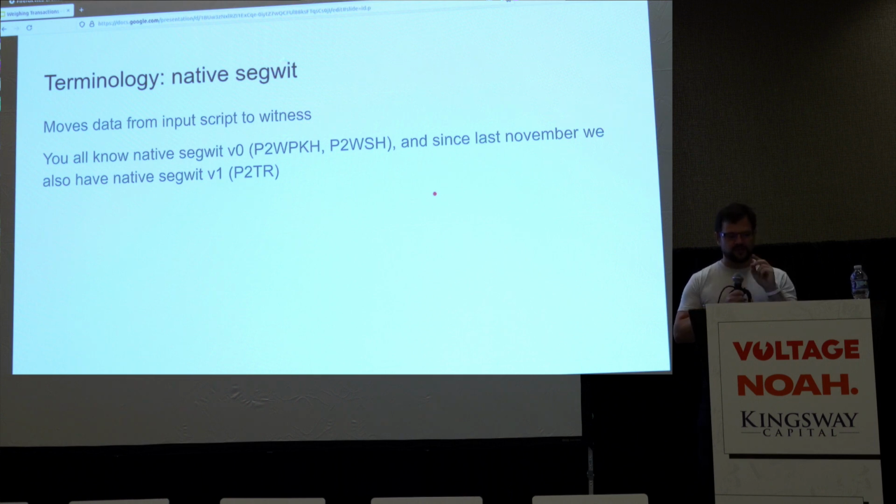But we'll get a little more to that. The big difference between wrapped and native Segwit is that you have a forwarding script in the input script that says, hey, look at the witness, that's where we actually provide the data to satisfy the spending conditions. Did that satisfy your question?